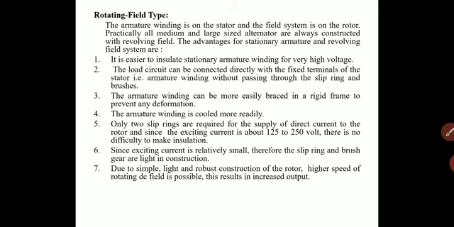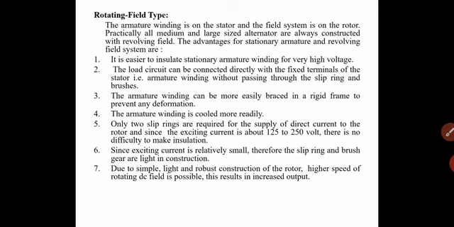That sparking creates losses in the system. So if the armature is placed on the stator part, no such arrangement is required. You connect the conductor directly from the terminals of the armature conductor.